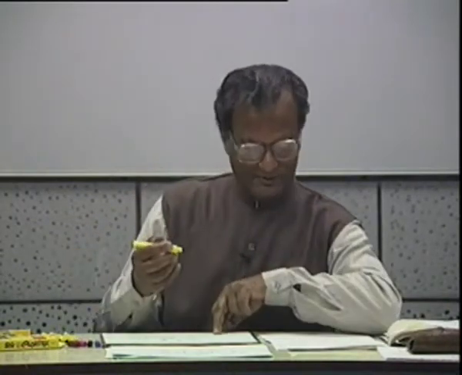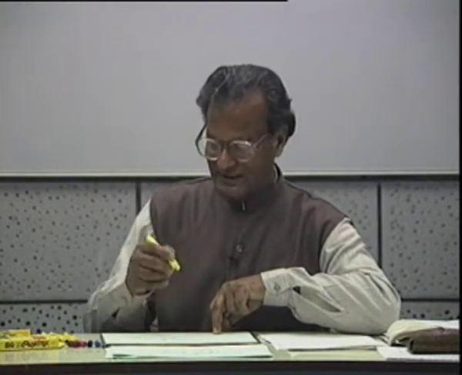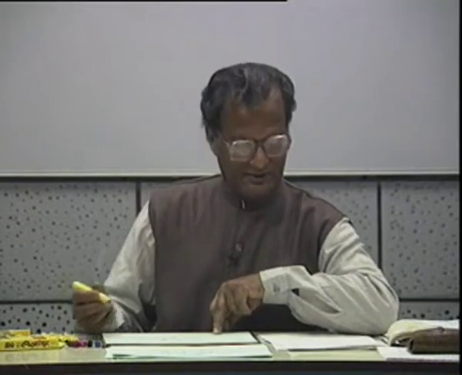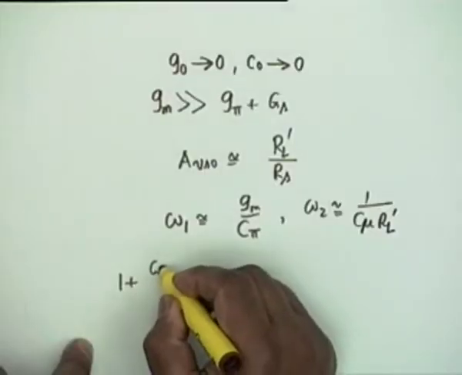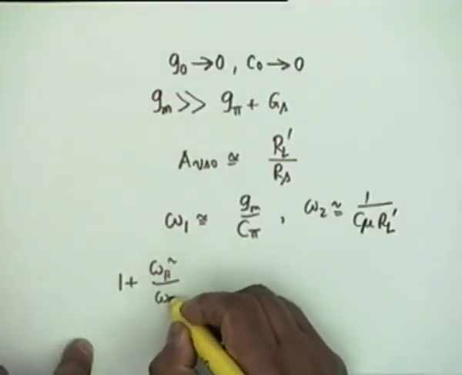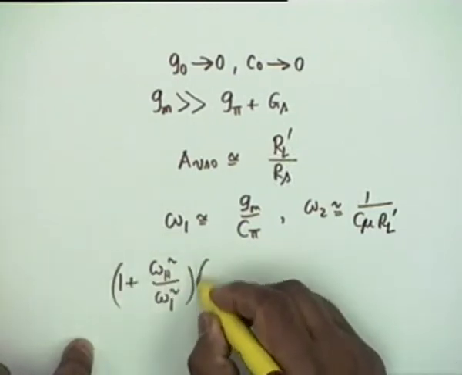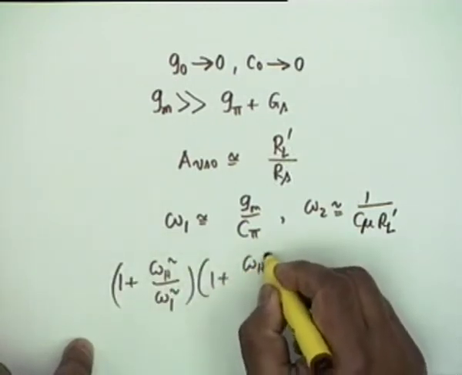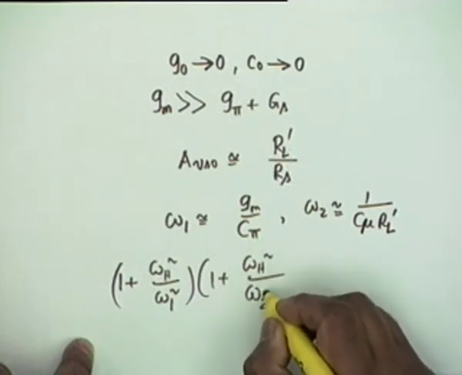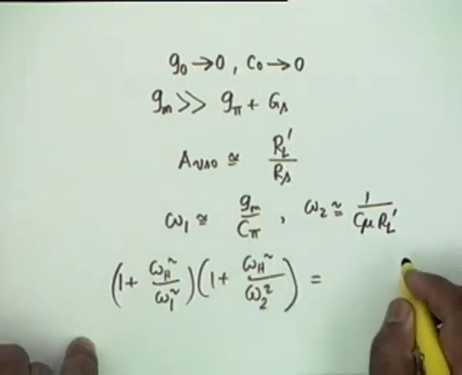They are not different by a ratio of 10, 1:10. For an electronics engineer, comparable means 1:3, 1:4. They are all comparable. If they are comparable, then the 3 dB point is neither omega 1 nor omega 2. You have to calculate it exactly, and the equation that gives it is 1 plus omega h squared divided by omega 1 squared, multiplied by 1 plus omega h squared divided by omega 2 squared, should be equal to 2.